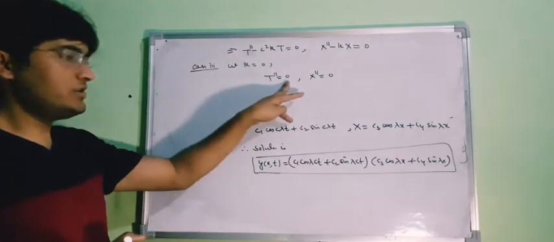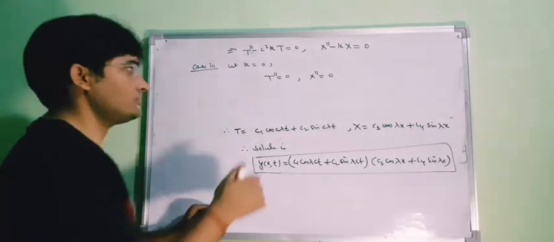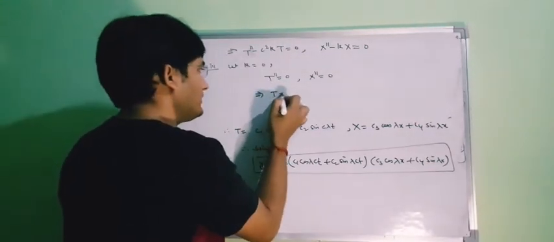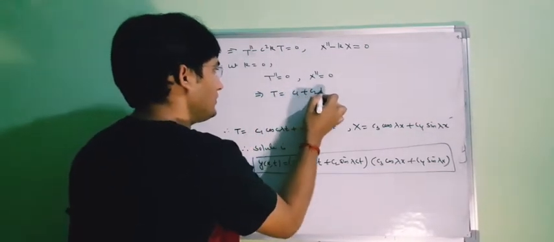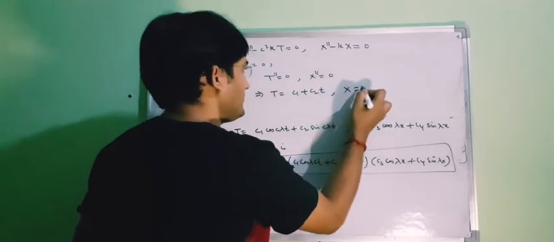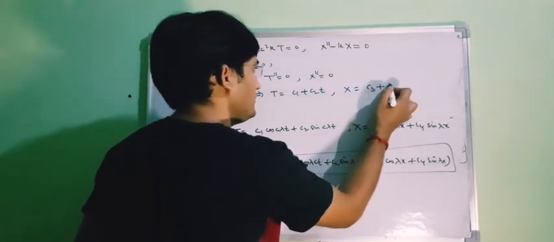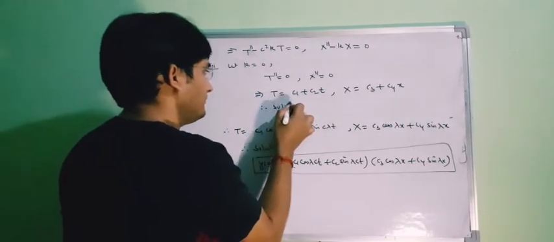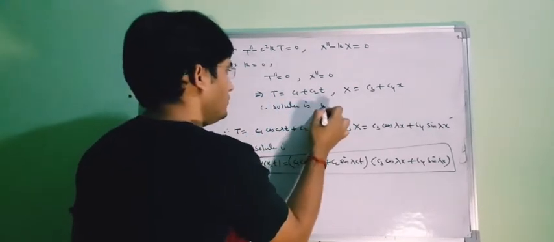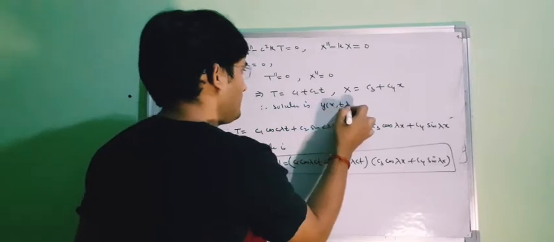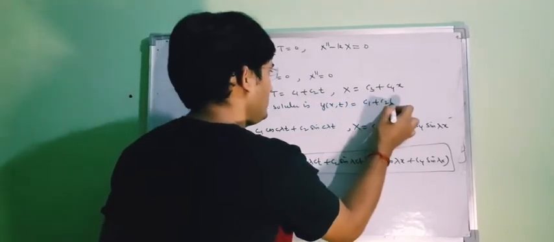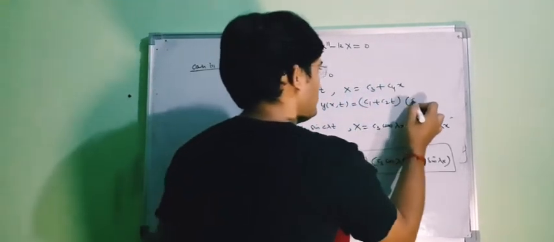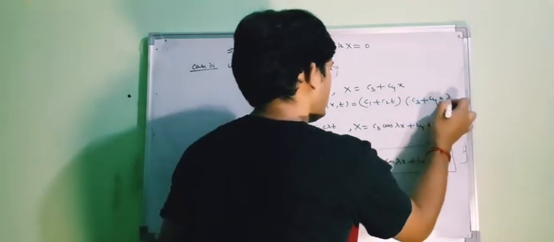Now T double dash equal to 0 means integrate this T 2 times, then we will get T equal to c1 plus c2 t, and from here we will get X as c3 plus c4 x. So your solution is y(x,t) equal to (c1 plus c2 t) times (c3 plus c4 x).